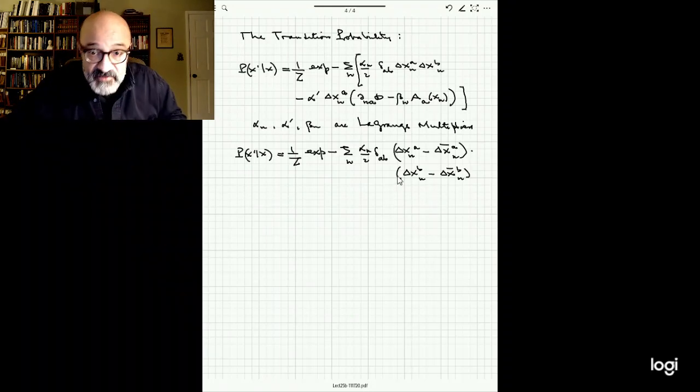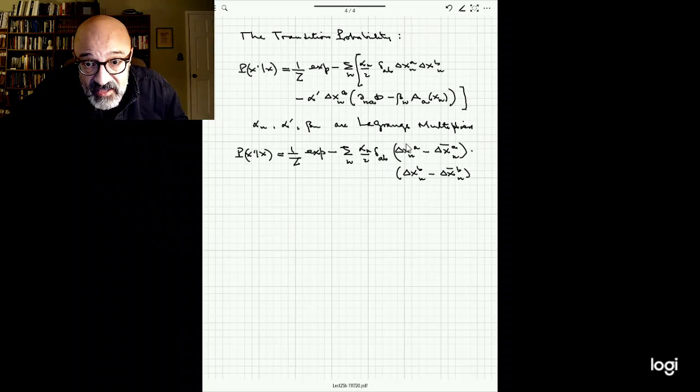And all of this, of course, is summed over A, summed over B, so that here you have like the scalar product of those two.